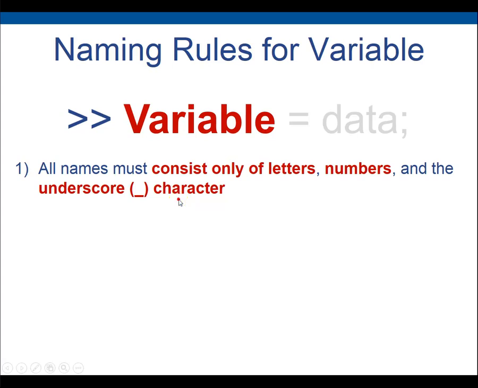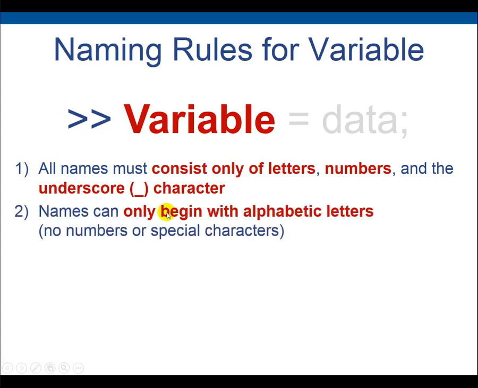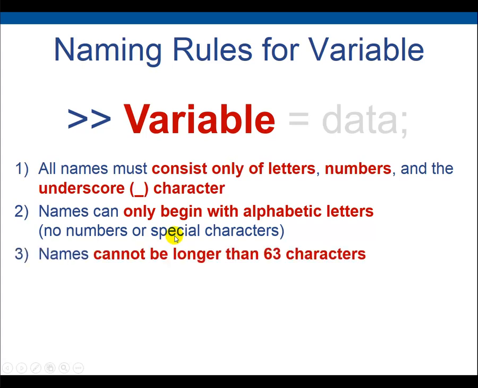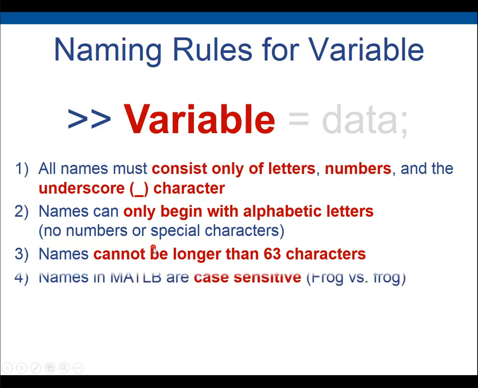The second rule is that it can only begin with alphabetic letters, not numbers or special characters. And the third one is that the name cannot be longer than 63 characters.